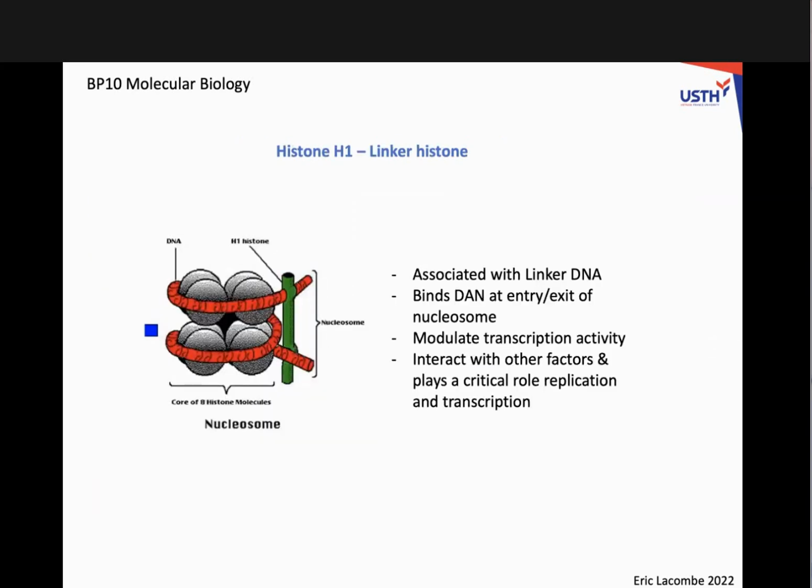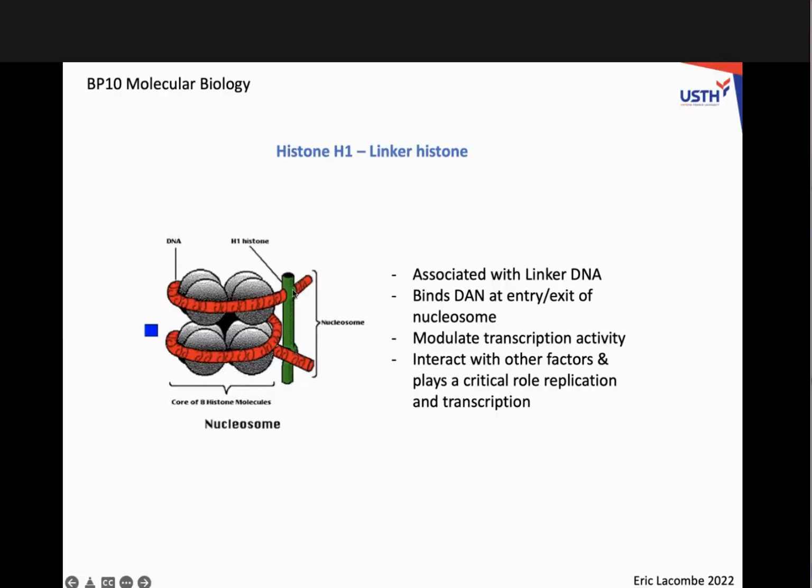So this is the definitive structure of the nucleosome with the 8 monomers, the 2 rounds of DNA, and the H1 as a linker. What is interesting in this H1, because we talked only about the core of the nucleosome, is that it binds DNA at the entry and the exit of the nucleosome.